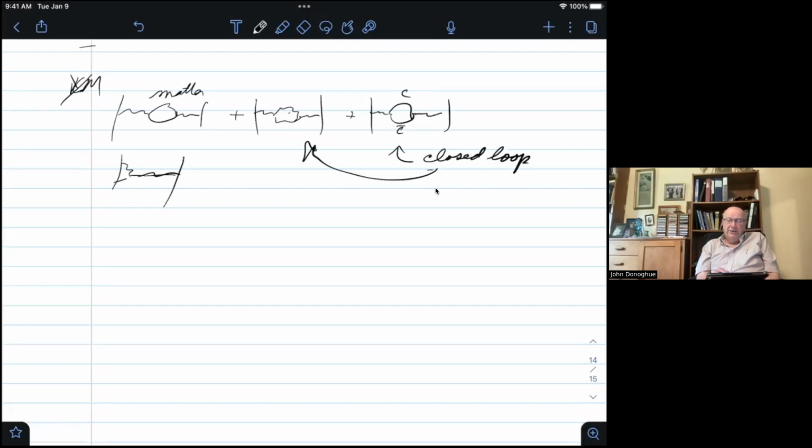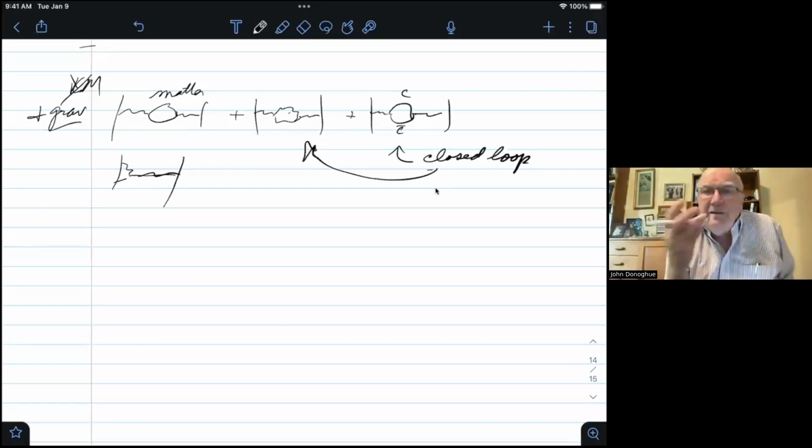And then that gives you the renormalization constants. The same thing will happen in gravity. When we renormalize gravity later on, we're going to have to add the graviton loops plus the ghost loops. I hope that answers the first question.